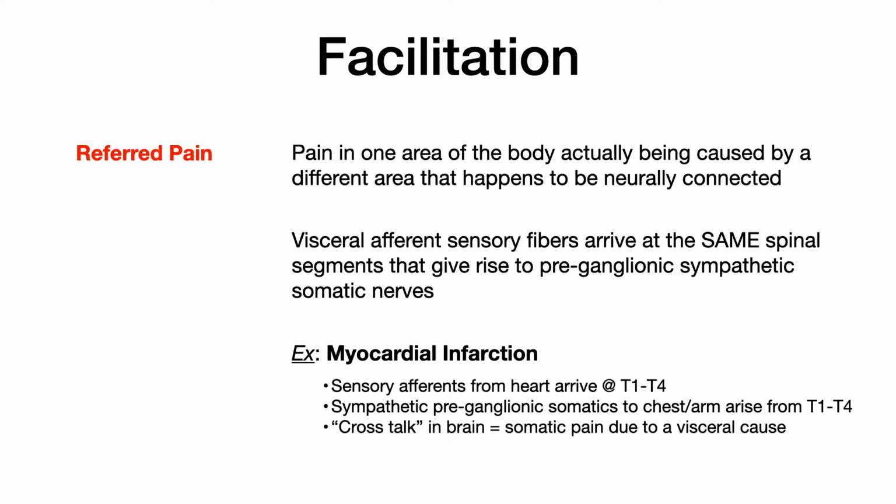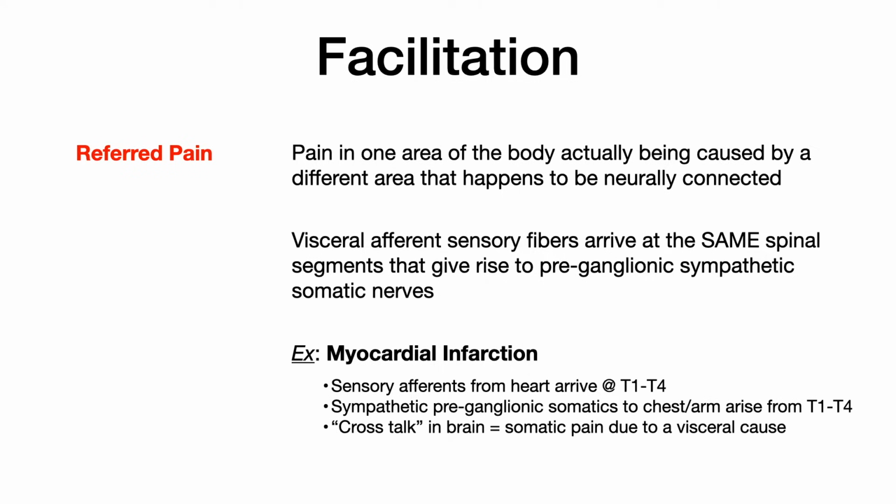And what happens is you sort of get this crosstalk, and the brain experiences somatic pain that's due to a visceral cause. So it's interesting because the sensation of the pain only feels like pain in the somatic distribution, and we don't necessarily know that that pain is coming from a visceral origin.